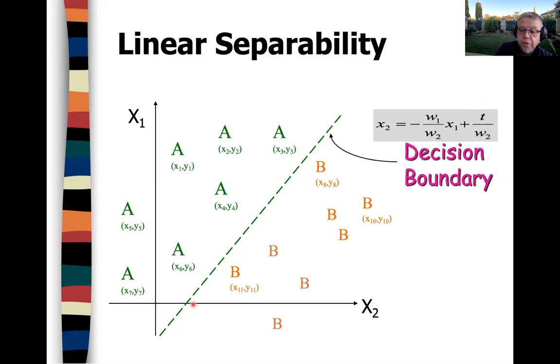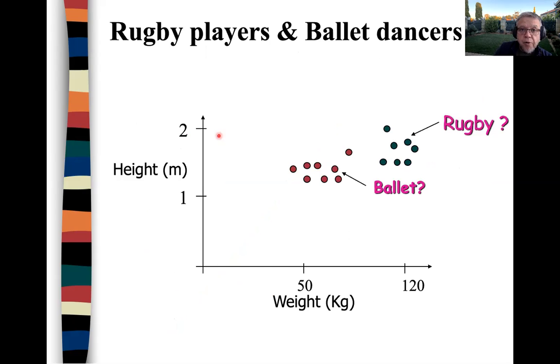Now, an example to illustrate what a feature space is. Here you have the weight of a person and the height of a person. If the weight is high and the height is high, then you can say that this is a rugby player. If the weight is low and the height is low, you can say that these are ballet dancers.